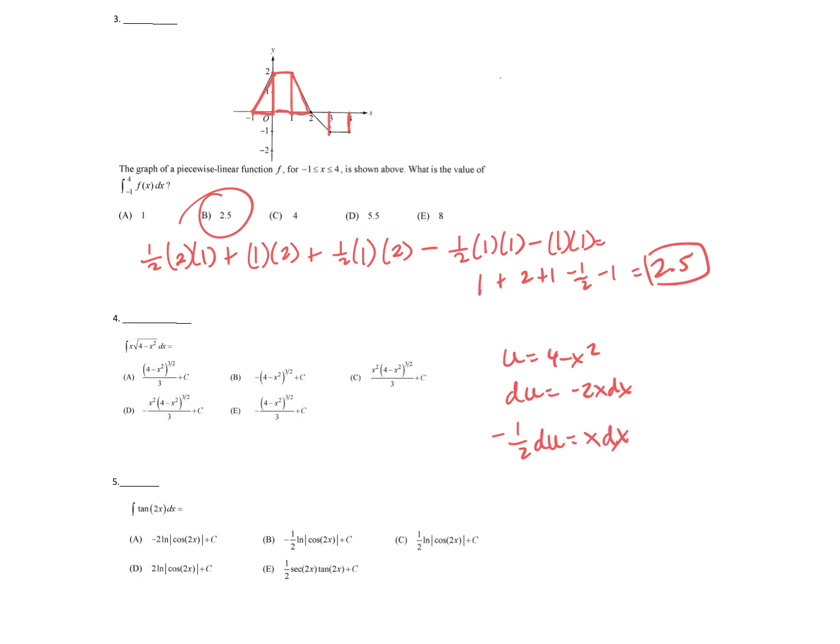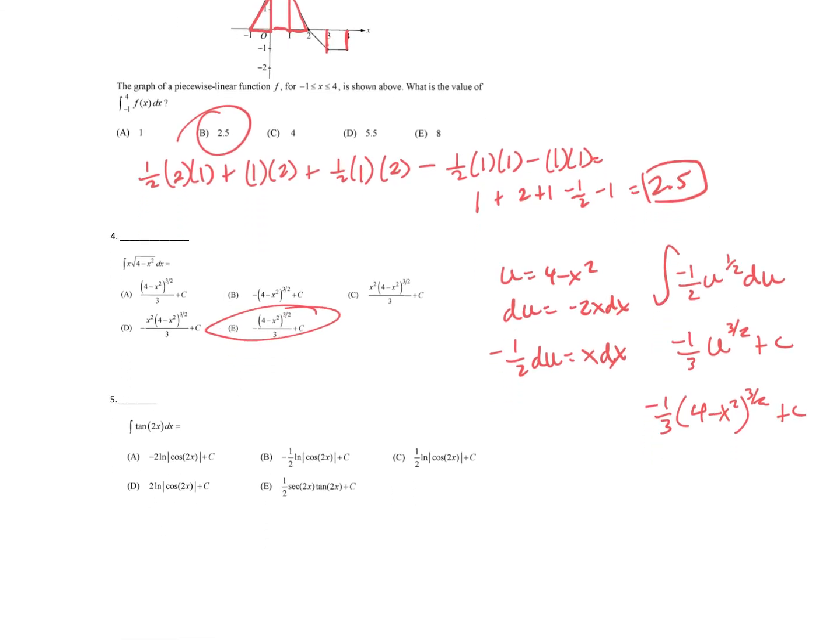So then I can rewrite my integral as negative 1/2 u to the 1/2 du, which if I add 1 and divide by the new exponent, I get a 3/2 for my exponent, and my fraction would become a negative 1/3 u to the 3/2 plus c, and switch it back. So my answer is E.